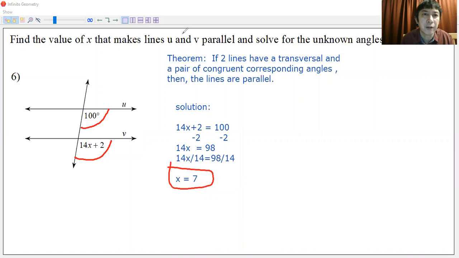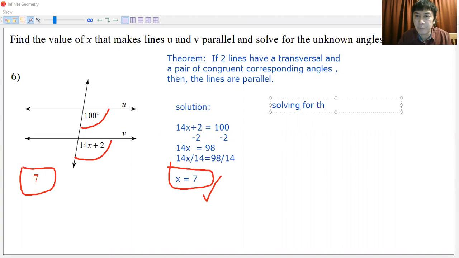We can verify that in the other diagram. The computer shows it's a 7, so this is correct. Solve for the angles. One of the angles is given, it's 100.